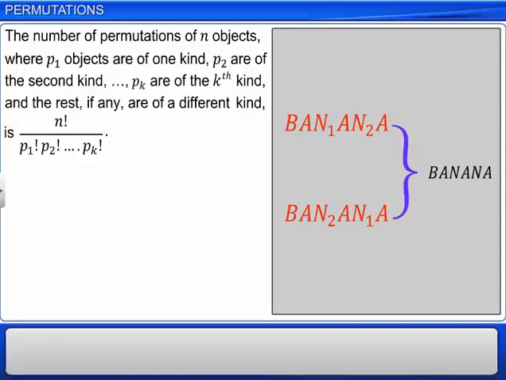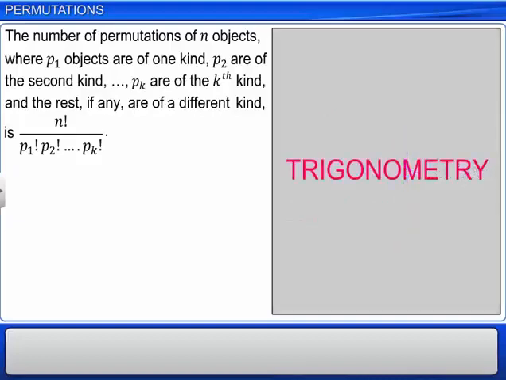Using the theorem, we will find the number of possible permutations with the letters of the word trigonometry. In the word trigonometry, the letters T, R, and O each repeat twice. We will denote them with PT, PR, and PO respectively. The total number of letters is equal to 12.